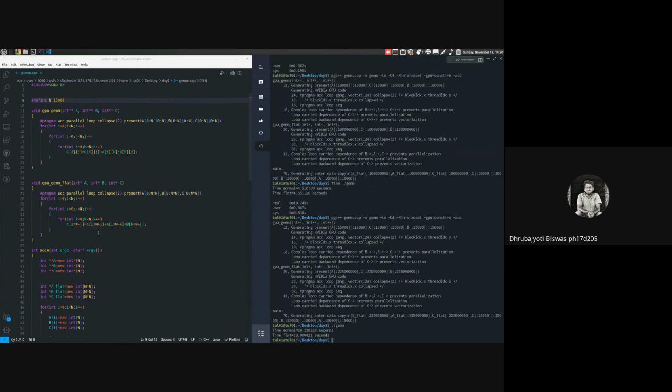That is because the difference between this and this is, for every iteration of the loop, it has to calculate i times n. This can be pre-computed so that on every loop, it does not have to waste cycles computing i times n. All these index computations do not have to be recomputed. So maybe we can try that out and see if that works.